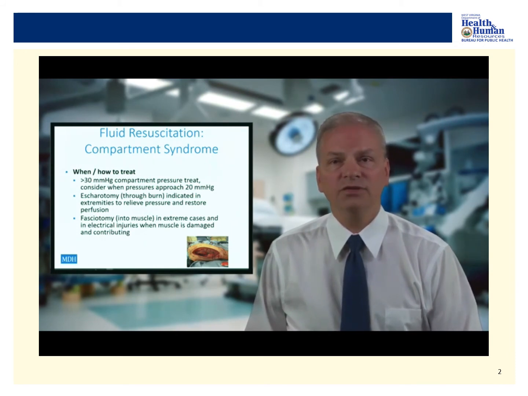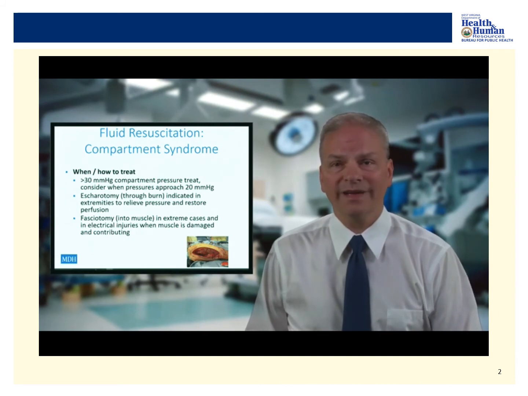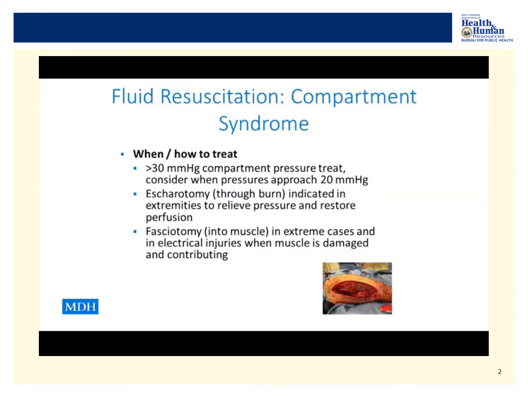Once the pressures are 20 millimeters of mercury plus end organ perfusion problems, that should prompt an intervention. Escharotomy through third-degree burns is indicated to alleviate the pressure and restore perfusion. Fasciotomy is necessary when pressures in the muscular compartments still exist despite escharotomy.